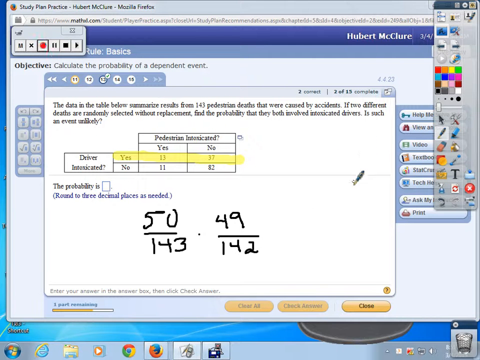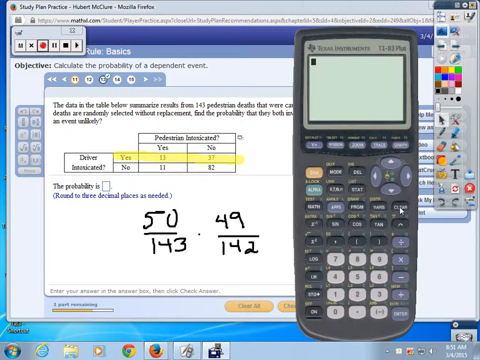I like the test questions that don't ask you a bunch of extra questions. I just want the math. So put your calculator out: parentheses 50 divided by 143, close parentheses, times 49 divided by 142, and that should be your answer.